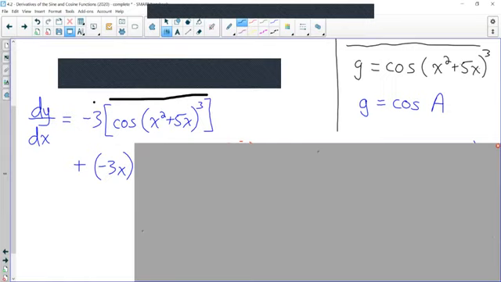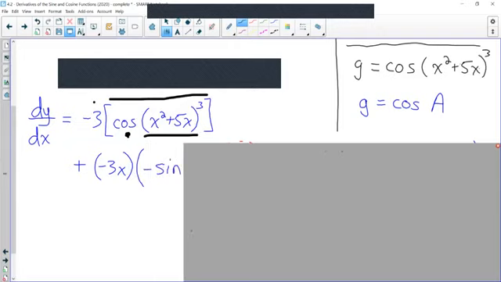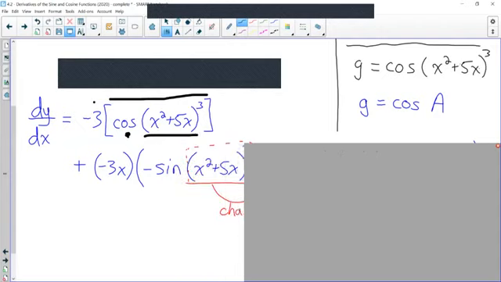And g prime, now here's where things get to be a little bit sneaky. The function you have is a cosine with an ugly angle. The derivative of cosine is negative sine of whatever angle you have. It doesn't matter if it's x, doesn't matter if it's theta, doesn't matter if it's 10w, doesn't matter if it's this big ugly power. That's your angle, so you keep that the same.